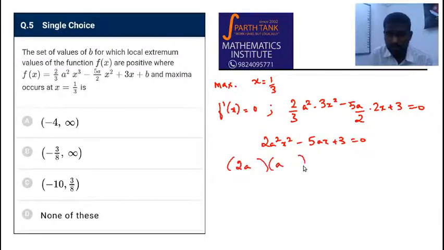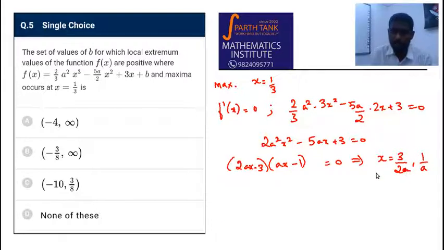It is 2a into a, 2ax into ax, and then 3 into 1 with minus in both places. This implies x is 3 by 2a or 1 by a. Okay. So 2 points. So one of these has to be this maximum. It can be this or it can be this, we don't know.